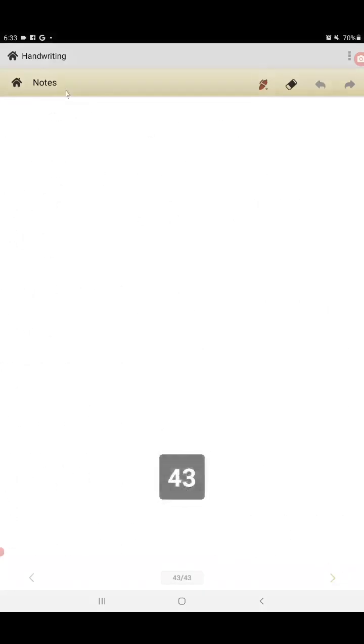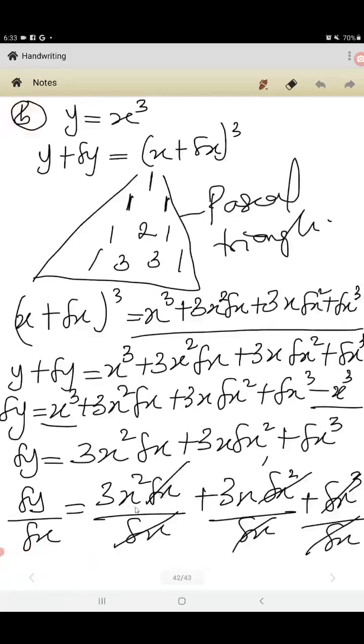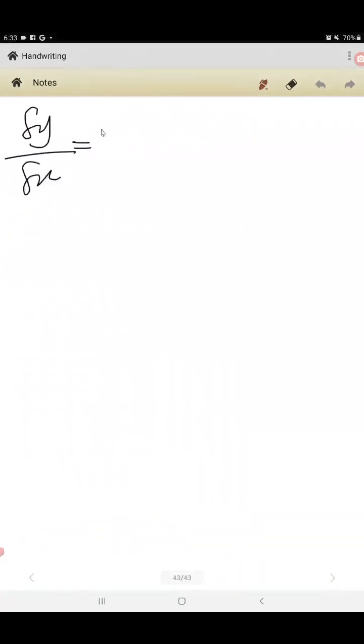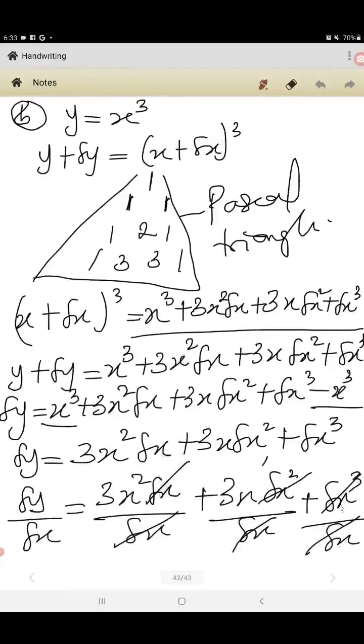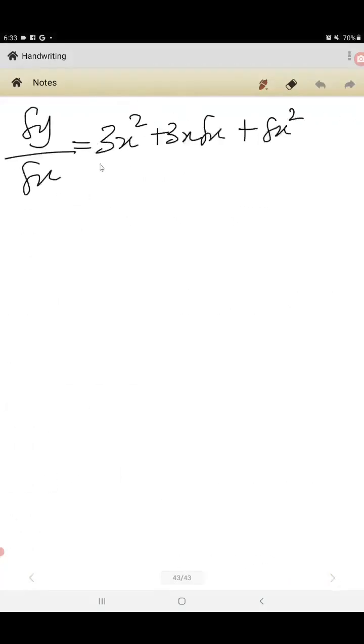So meaning that dy over dx is equal to 3x squared plus 3x dx plus dx squared, because by the time you cancel, it will remain 2. So at this place, what we now need is when dx now tends to 0, meaning that this will be 0, this will also be 0.